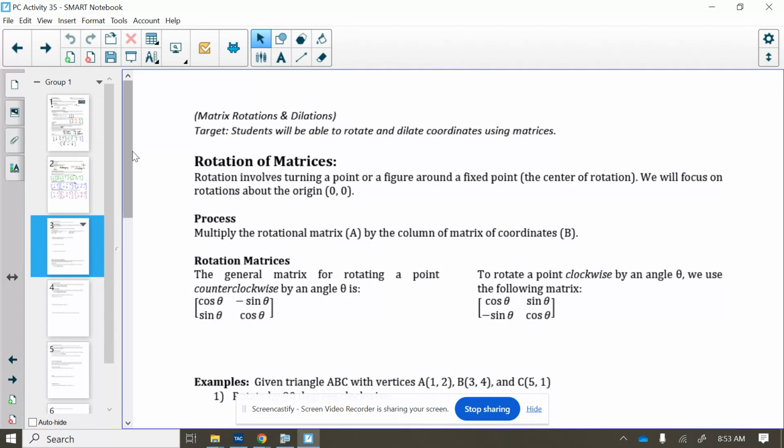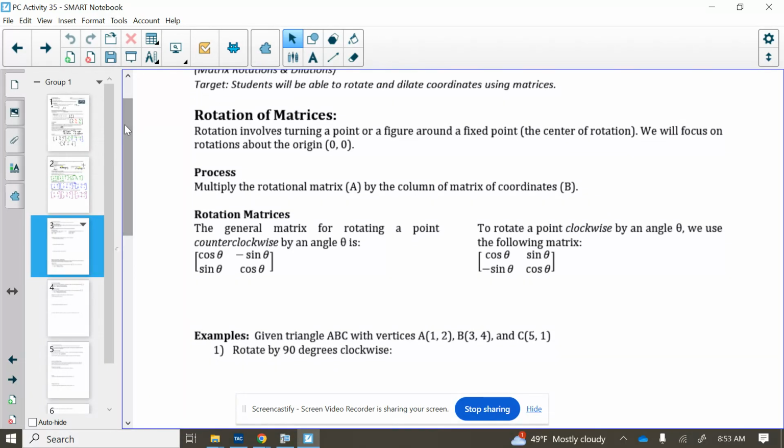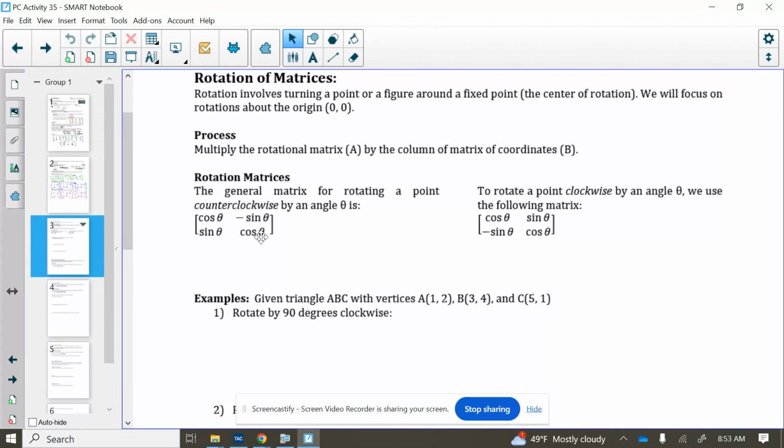Our first part here with rotations involves taking our column matrices that we talked about yesterday, representing our points, and multiplying them. So we have a general equation for a counterclockwise rotation: cos of the angle that you're rotating by, minus sine theta, sine theta, cos theta.